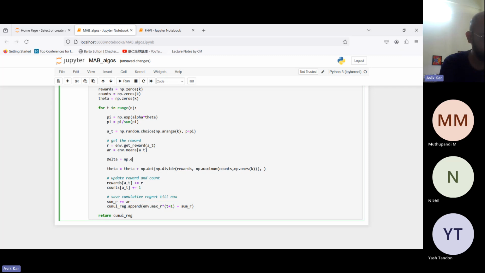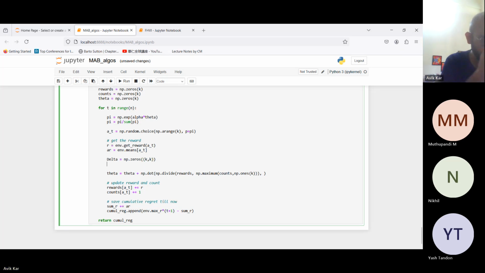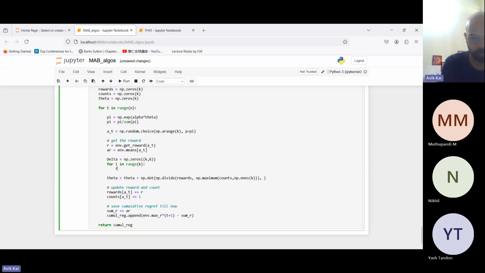Let us initialize this with np.zeros, and size is k cross k. Then let us write two for loops, for i in range k, and for j in range k.